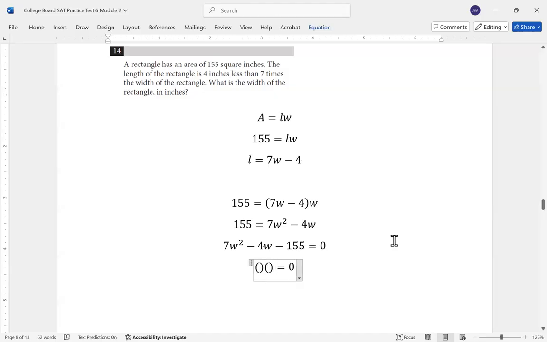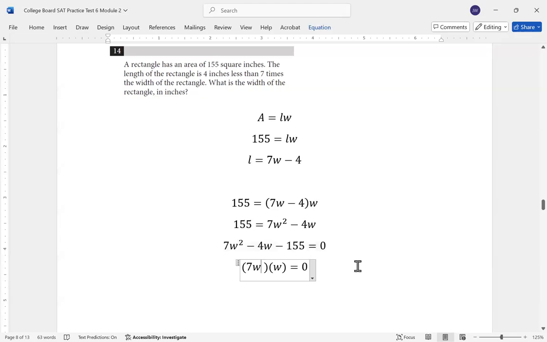So let's look for factors that work. I know the lead term should probably be 7W and 1W because that's what's going on. And then I need to look for factors of negative 155 that when I put them in here will lead me to get a middle value of negative 4. You can do guessing and checking if you'd like.